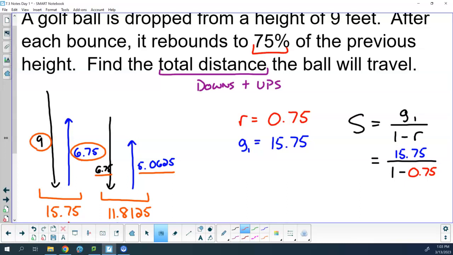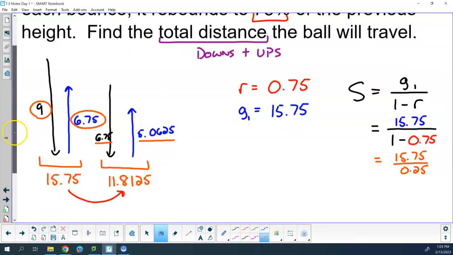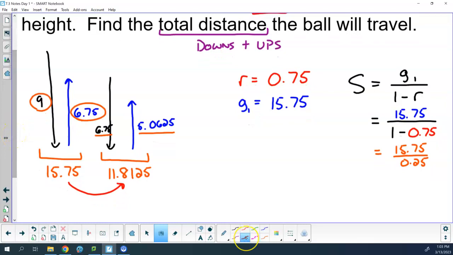So that's going to be 15.75 divided by 0.25. And when you divide that, it gives you the total distance that the ball traveled, and the total distance that the ball traveled was 63 feet.